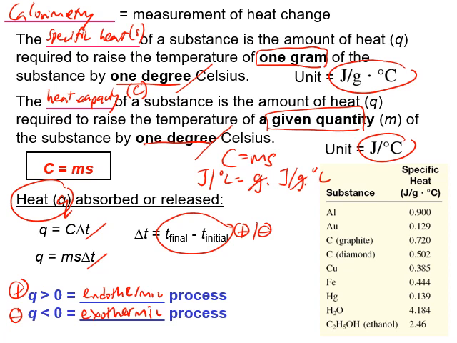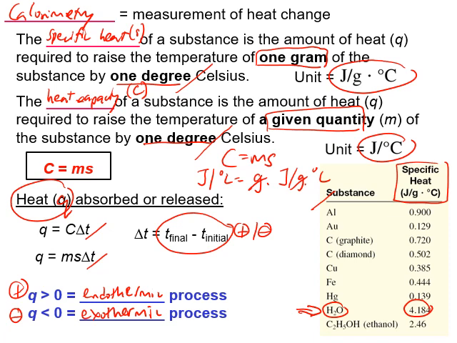Look at this table on the right side. We have a list of many different substances with their own specific heat. The unit is joule per gram per degree Celsius. I'll just pick one as an example, the famous one, H2O, with a value of 4.184. How do we translate this into meaning?